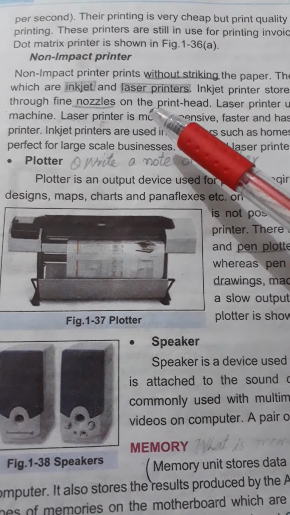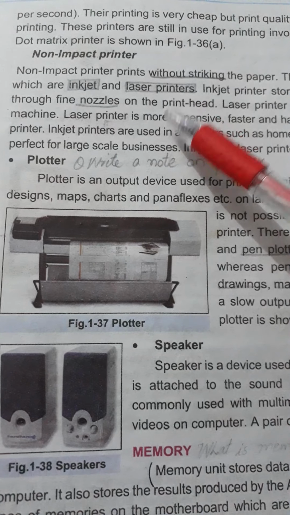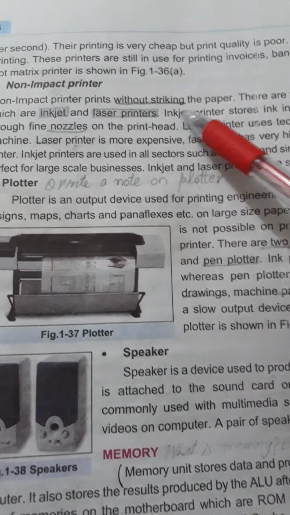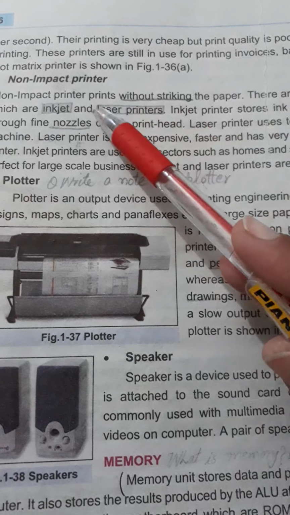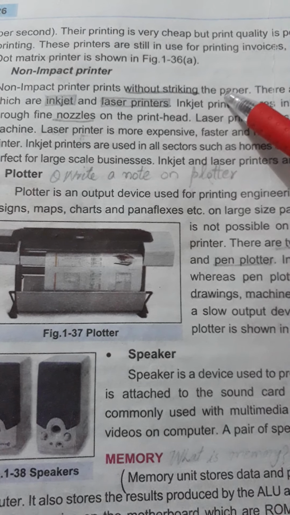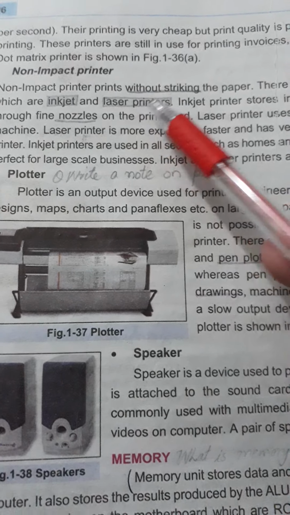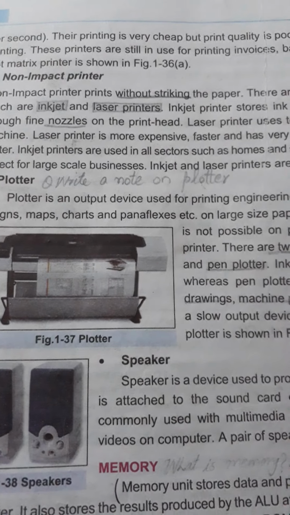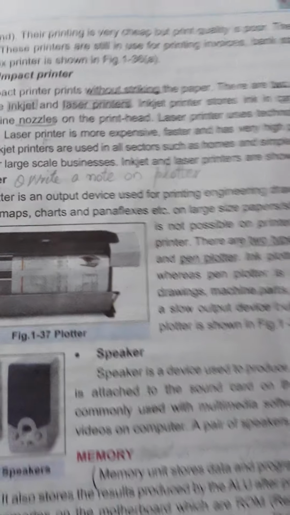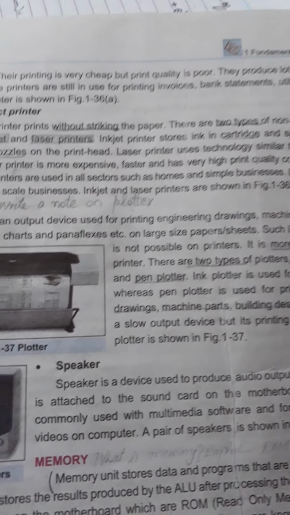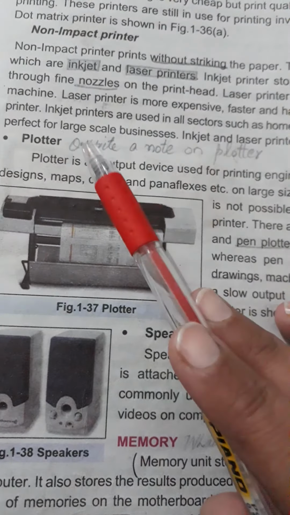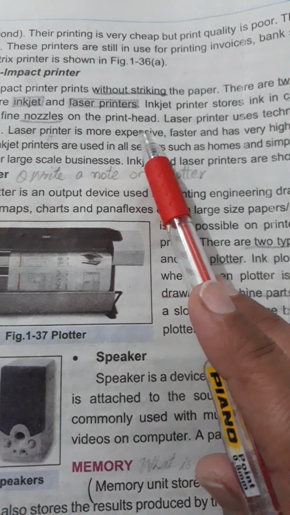Next example of a printer is non-impact printer. Non-impact printers print without striking on the paper. There are two types of non-impact printer: inkjet printer and laser printer. Inkjet printers store ink in the cartridge and through fine nozzles they spray it on the paper.